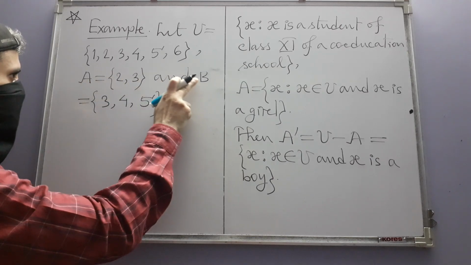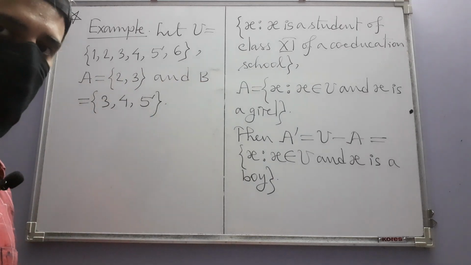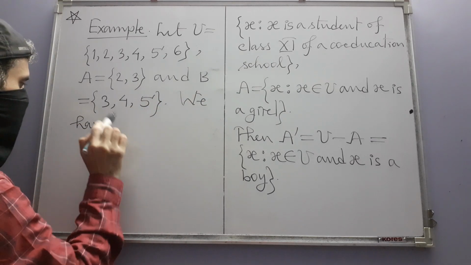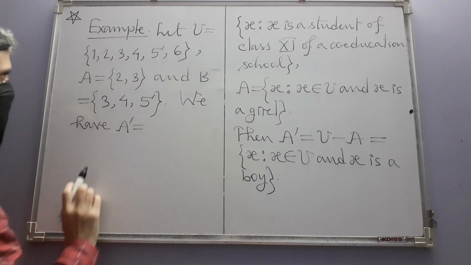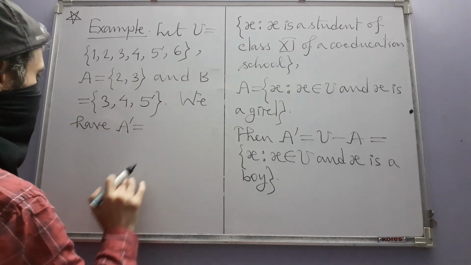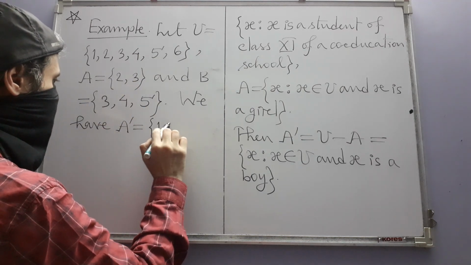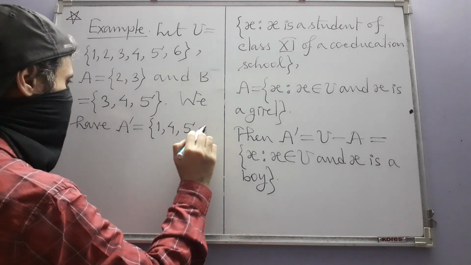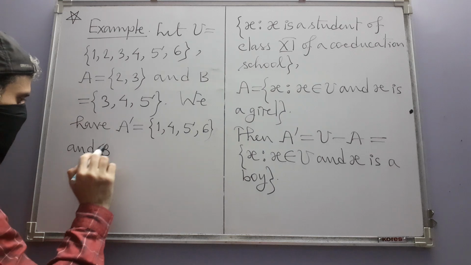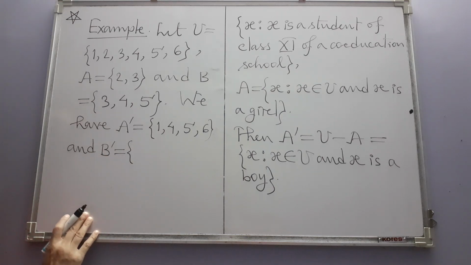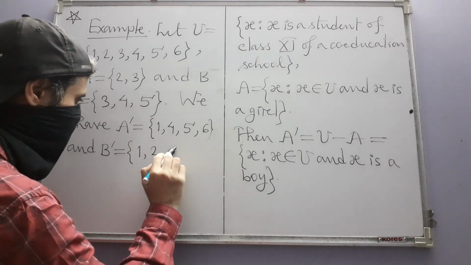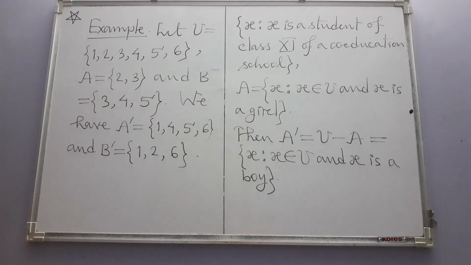Let's calculate the complements of both A and B in U. We have A complement equal to U difference A. That means from U, you have to remove 2 and 3, and you will be left with 1, 4, 5 and 6. And B complement. From U, if you remove 3, 4 and 5, you are left with 1, 2 and 6.